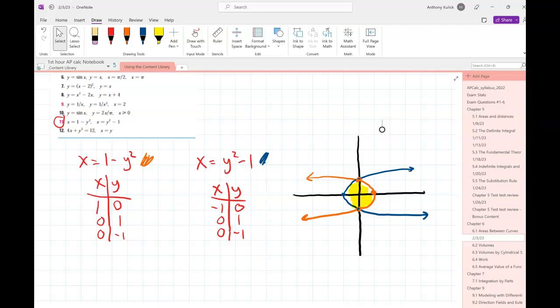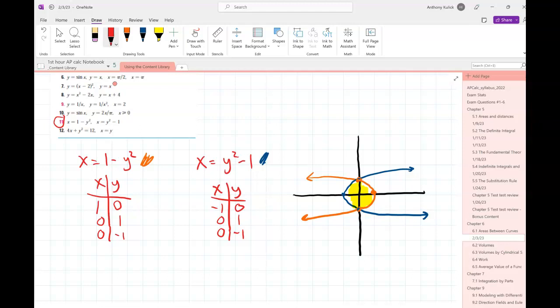The reason is that if I look with respect to y, the orange function is always on the right of the blue function. If I look with respect to x, the blue function is underneath the orange function, and then it switches at 0. So that's going to make the integration a lot more complicated because you're going to have to be really careful setting this up. I want to integrate with respect to y because I don't have to worry too much about the setup.